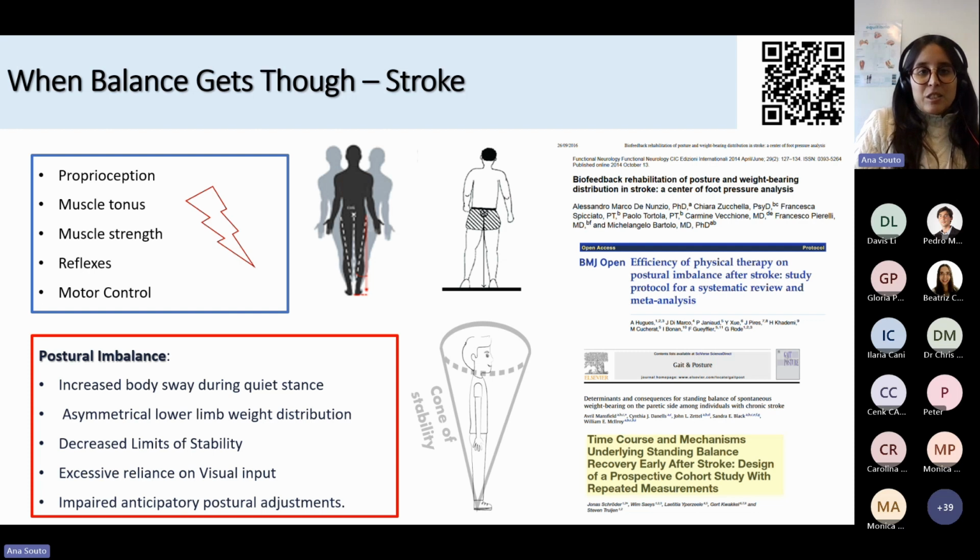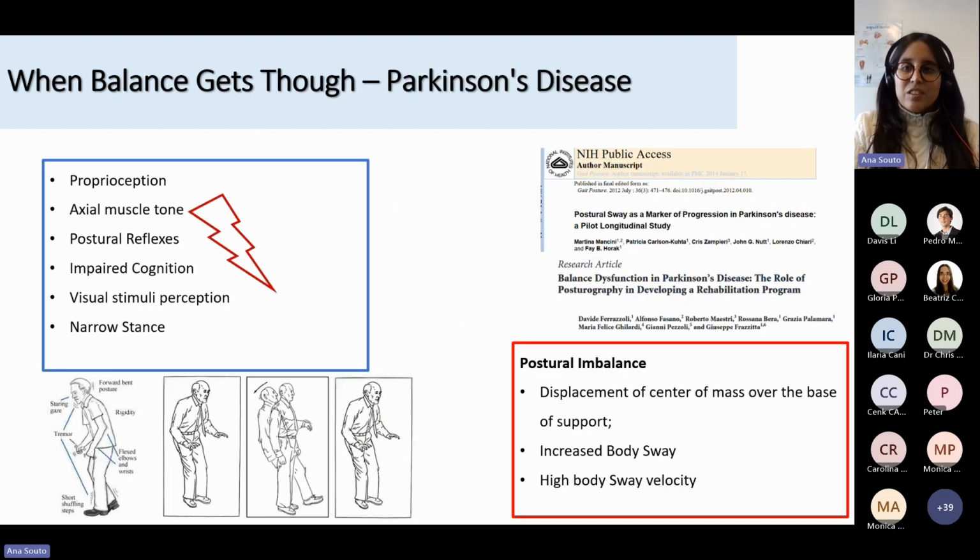So let's move on to Parkinson's disease. In Parkinson's disease, it is common to have proprioception dysfunction, changes in axial muscle tone and loss of postural reflexes, impaired cognition, changes in visual stimuli perception, and a narrow stance. So we have several factors that will have a brutal impact on balance control.